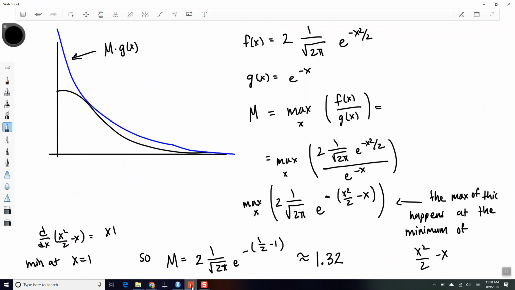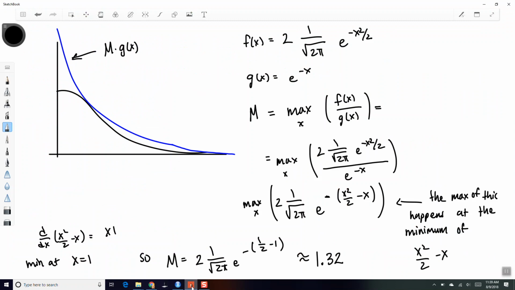Okay, so again, this is rejection sampling. The idea is you've got some kind of target PDF that you want, and then you have a proposal distribution that's easy to sample from. In our cases, the ones that are easy to sample from are the uniform distribution, and in this case we looked at the exponential distribution.